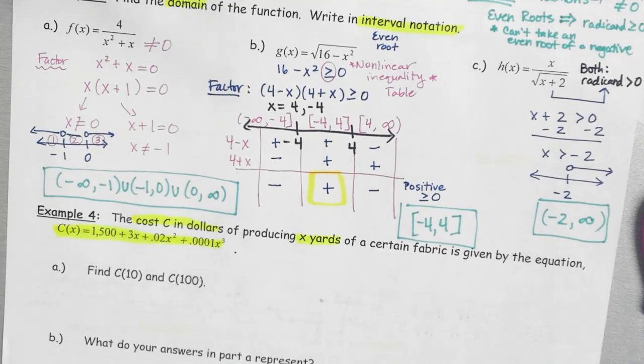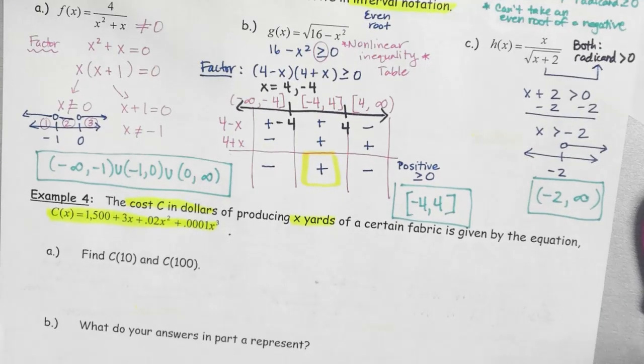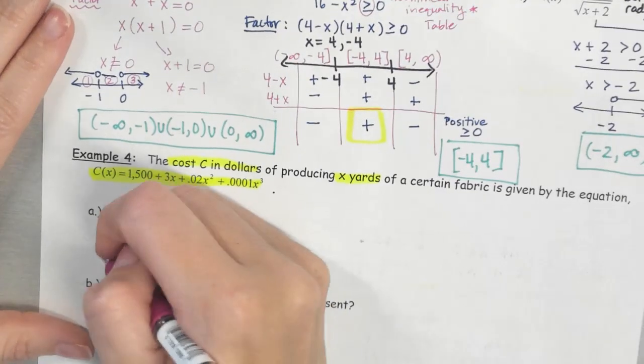So the first thing it says is find C of 10 and C of 100. And apparently I made people do this without a calculator. So let's do the C of 10 together. Let's see how it goes.